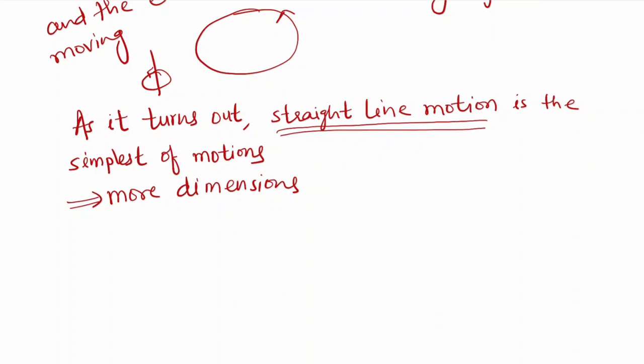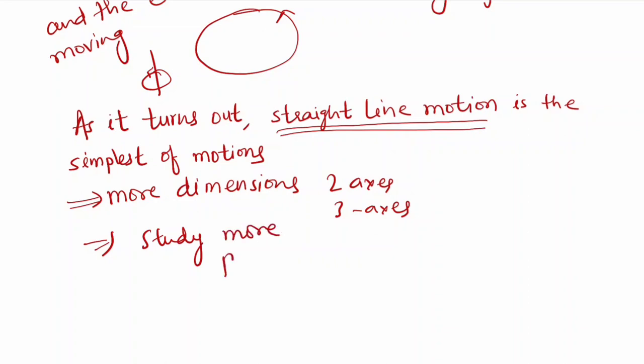We can make our object move along x and y axes, or maybe three axes. We can try to study more parameters, and so many things can be done. But all of these start with the study of the simplest one, that is, straight line motion.